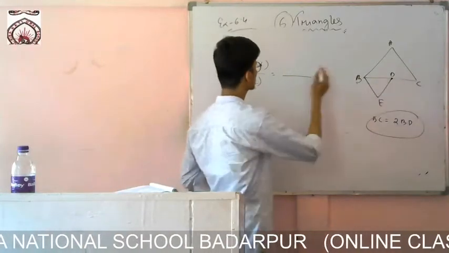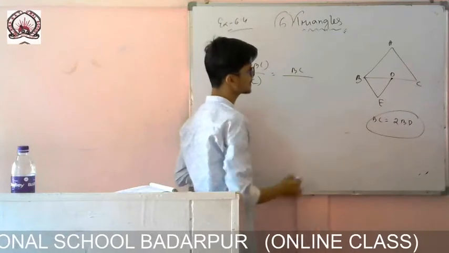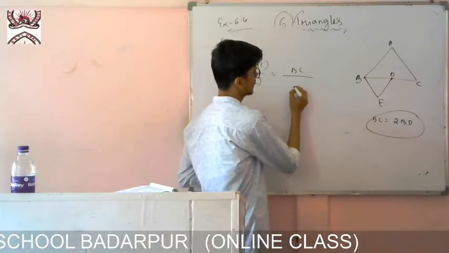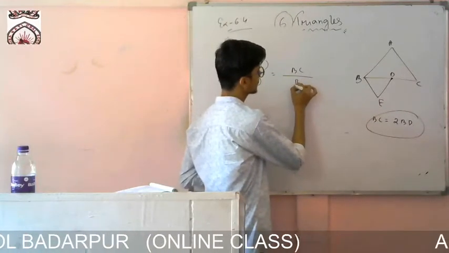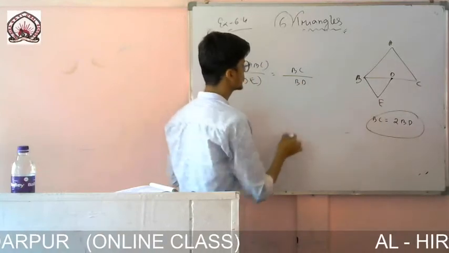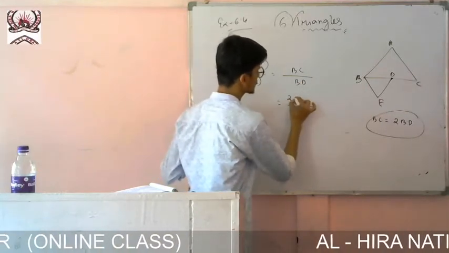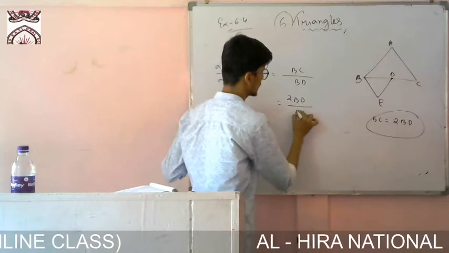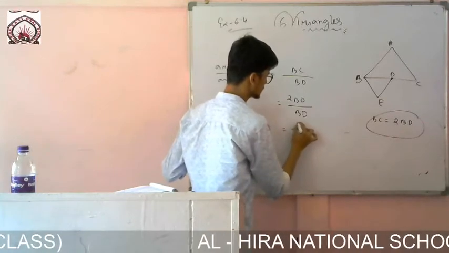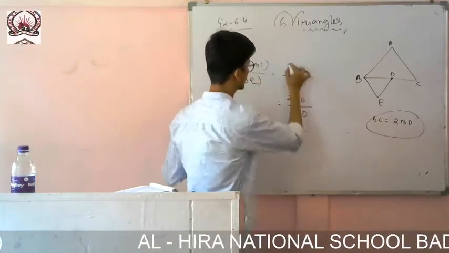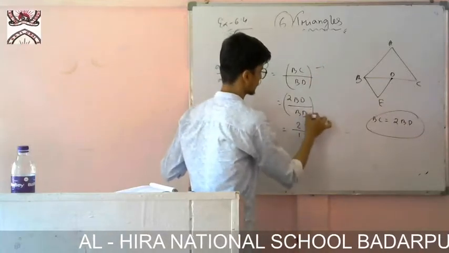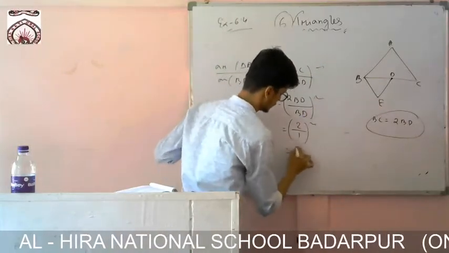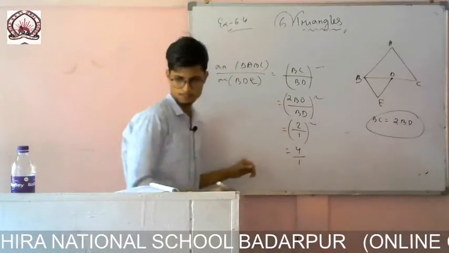For this one the base is BC, and for that one it is BD. So BC I can write as twice BD because D is the midpoint. So BC by BD, that means 2 by 1. This will be squared, which means 4 by 1, that is 4:1.